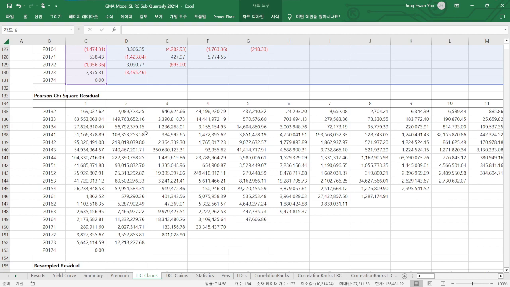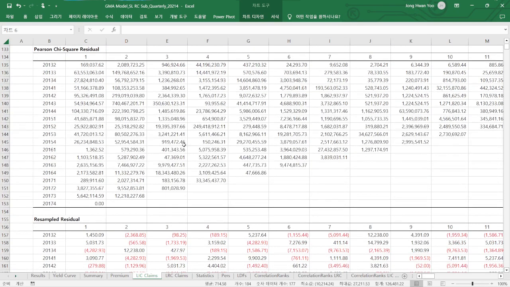And based on these residuals, I came up with the more standardized version. For the different residuals, I call it the Pearson chi-square residuals that you have created.